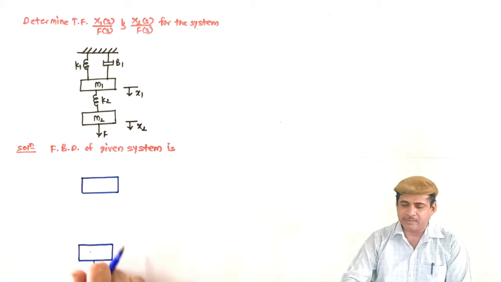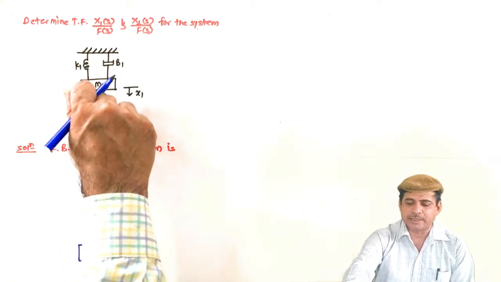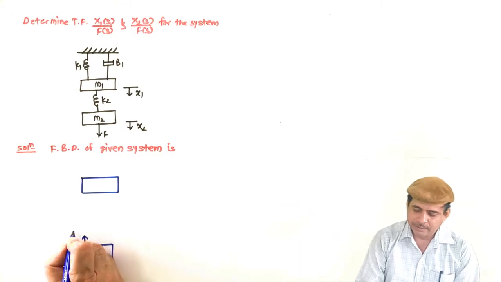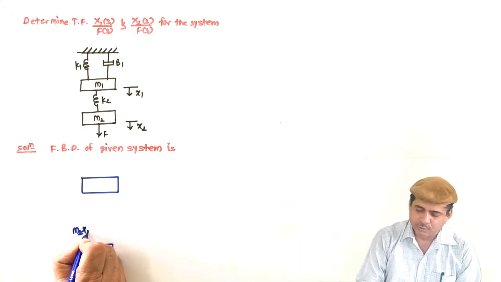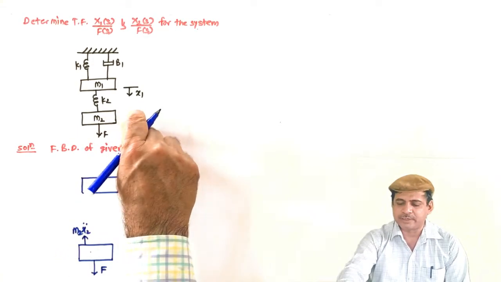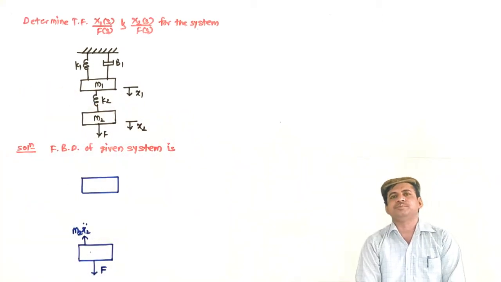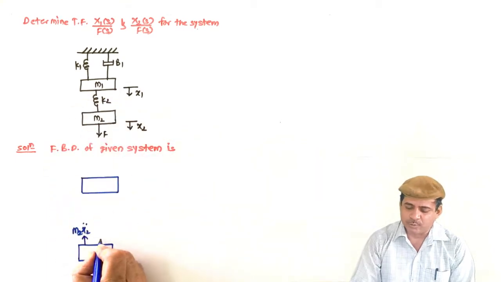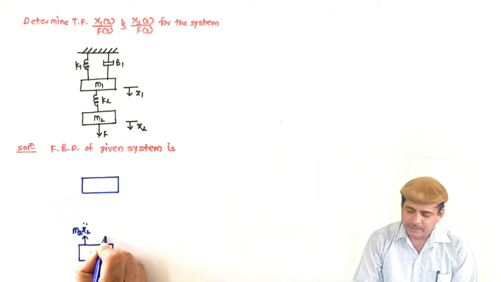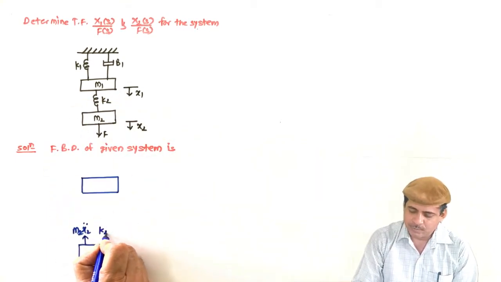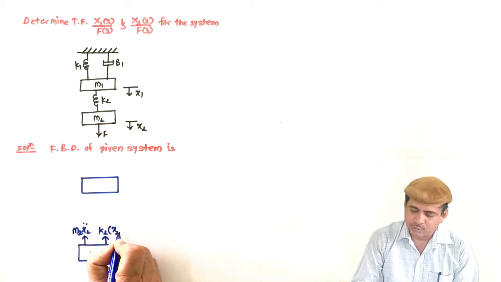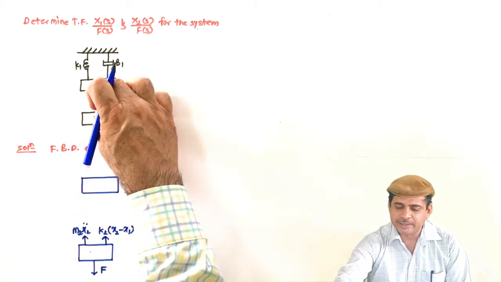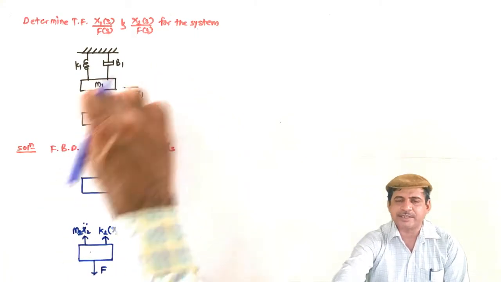So to this F, this M2 will also oppose and K2 will also oppose. So this will be M2 X2 double dot. Why X2? Because X2 is associated with M2. This K2 will also oppose, but what will it be? It will be K2 into X2 minus X1, because the relative motion of K2 will be X2 minus X1.